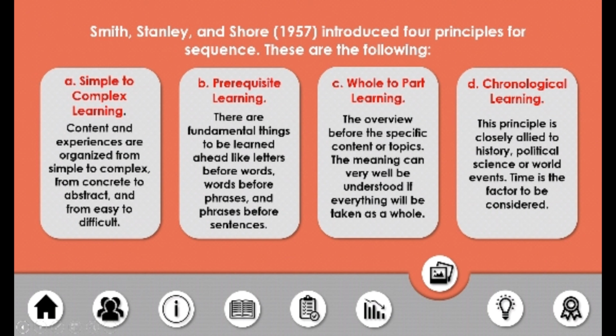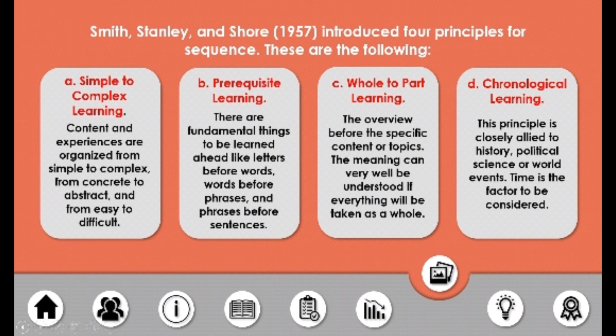So it's like step by step. You cannot go immediately to level 3 if you didn't accomplish level 1 and level 2. It must be simple to complex learning because there is no shortcut when it comes to learning.